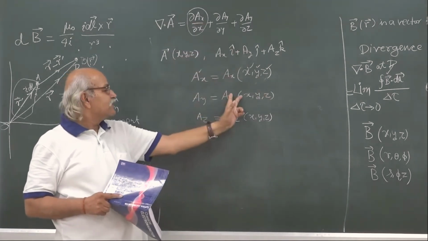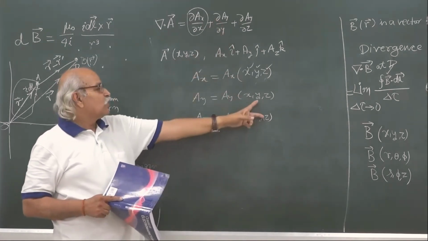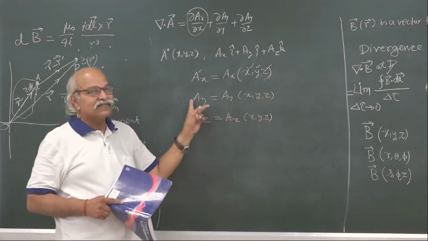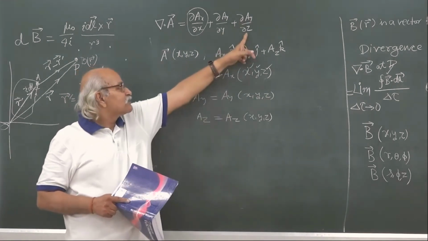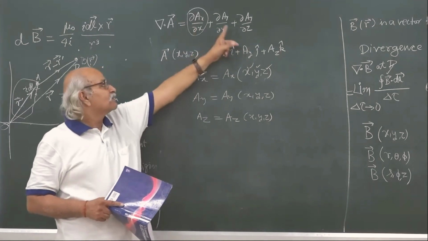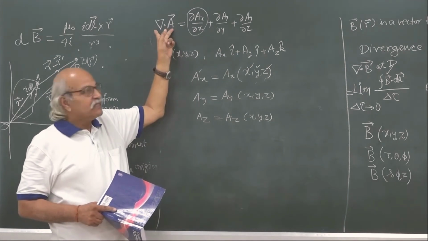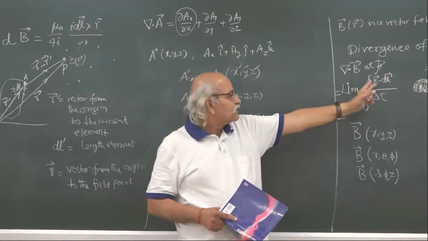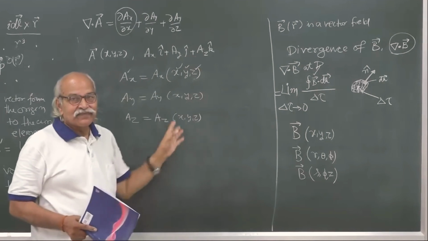And this Ay is to be differentiated with respect to y, taking x and z constant during this differentiation, and Az is to be differentiated with respect to z, and then you get this. Add all these three and you get the divergence of A. It is a scalar quantity, no i cap, no j cap, no k cap. Here it is a dot product, scalar product, so this thing is a scalar quantity.